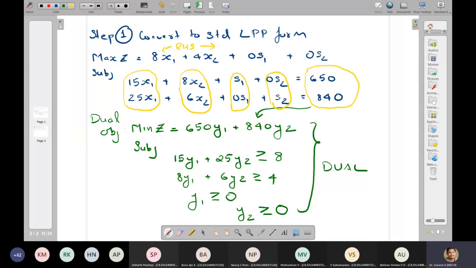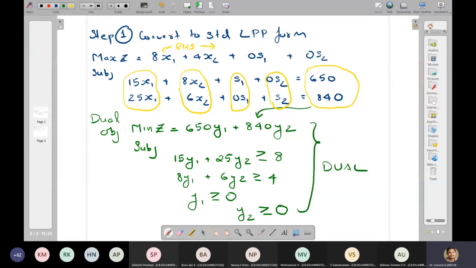Since this is constraint 1, y1, this is constraint 2, y2. If I had one more constraint, it would be y3. So the number of variables depends on the number of constraints in the primal problem. This is my dual, 650 y1 plus 840 y2.